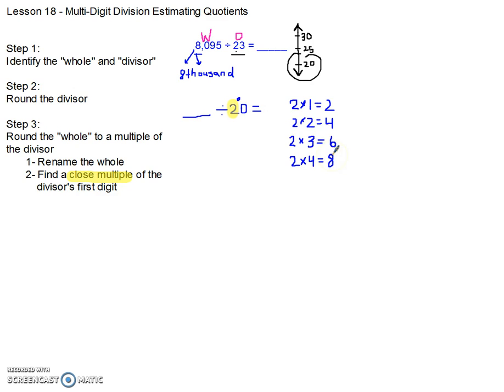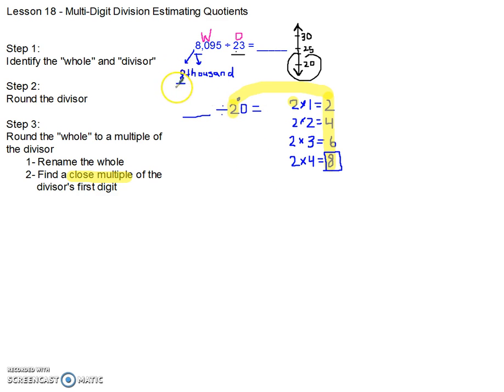And I'm going to stop here and go back to what I've done. So these numbers here are my multiples of 2, which I got from relating it back to that first digit in my divisor. I'm stopping here because I can now say 8. Can I put this 8 into the 8,000? And I can.